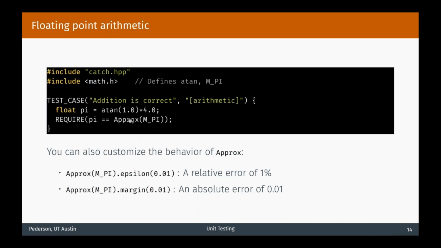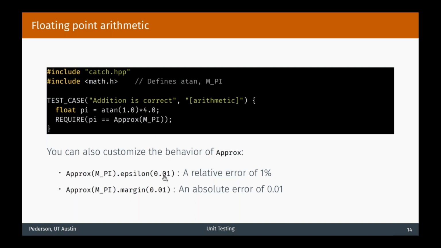So there's a helpful object that comes with Catch called Approx. You can wrap either the left-hand side or the right-hand side of any of these tests in Approx, and this just tells you that our pi has to be approximately this number.